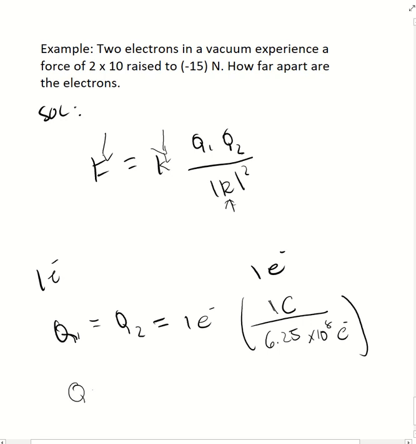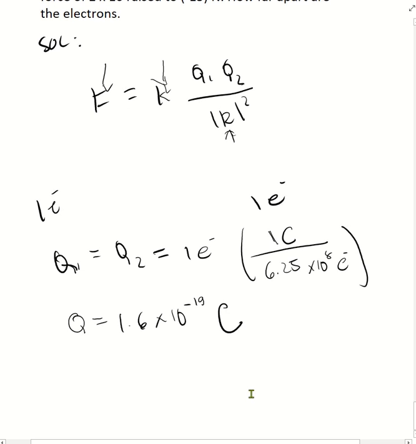So the charge now will be equal to 1 divided by 6.25, and that is actually equal to the charge of 1 electron, 1.6 times 10 to the negative 19 Coulomb. So there's now the Coulomb that we want. You square that because we want to solve for the distance.